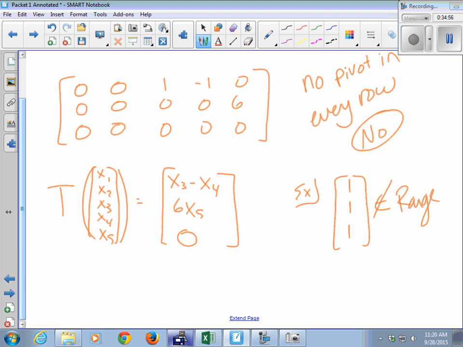So let's say it was like x3. It would not be as obvious. You'd have to do something by looking at the pivots. You'd have free variables if that was an x2 or something.